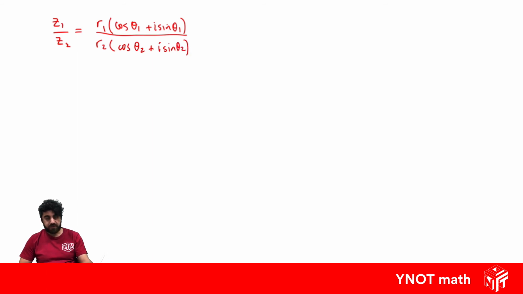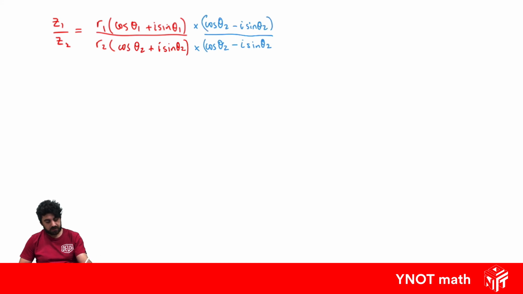Now when we're dividing complex numbers, we multiply by the conjugate of the denominator. So that's exactly what we're going to do. And the conjugate of the denominator is going to be cos theta 2 minus I sine theta 2. And we'll do that same thing in the numerator. Cos theta 2 minus I sine theta 2.